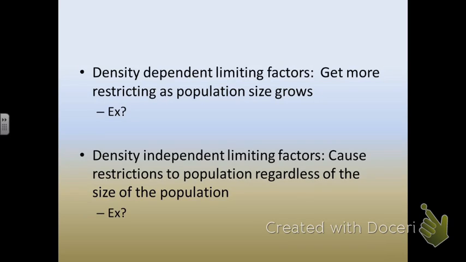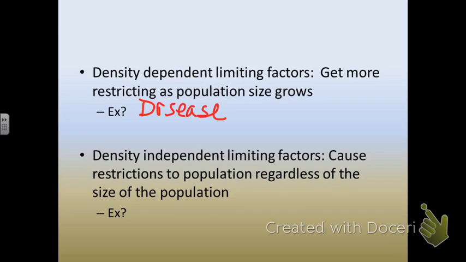Some of the most common density-dependent limiting factors are, well, my favorite one, I guess, and the one that I always think about because I think it's very strong, is disease. If you have more individuals in close quarters, a disease will spread more quickly, more readily. So disease gets to be a bigger and bigger problem as your population size grows.